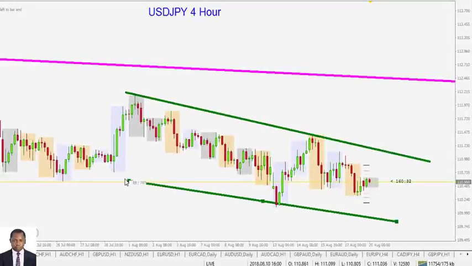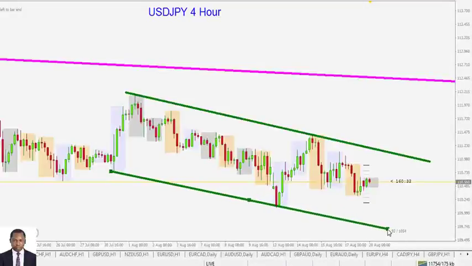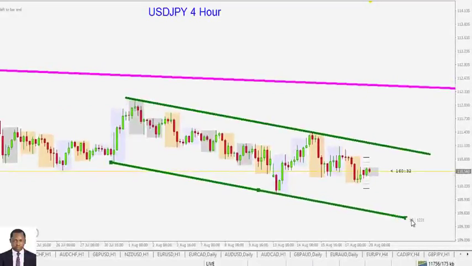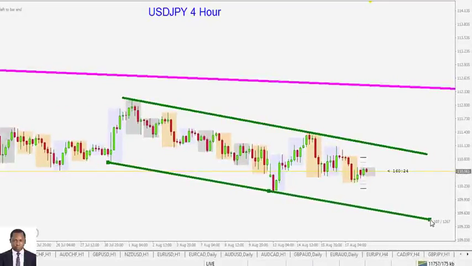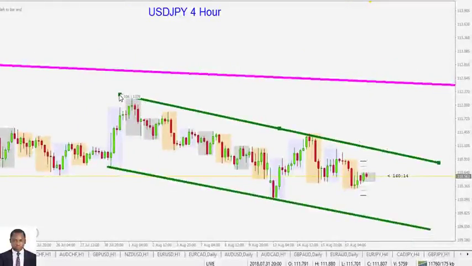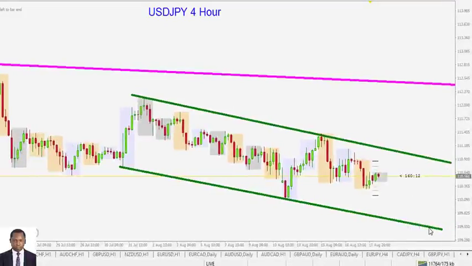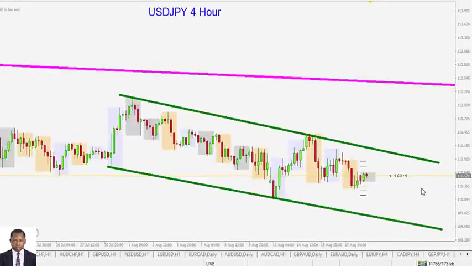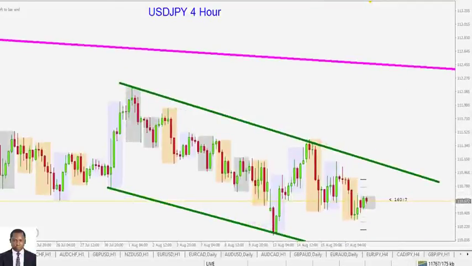Let's see, connecting these lows. Okay, we can keep this channel. Nothing else. 1 hour time frame.